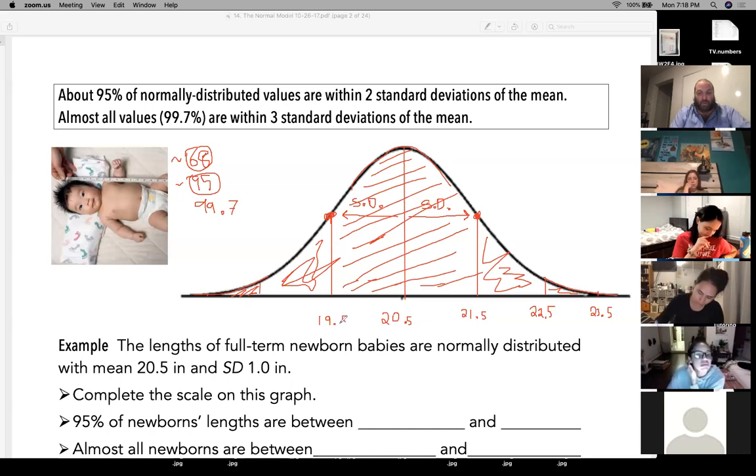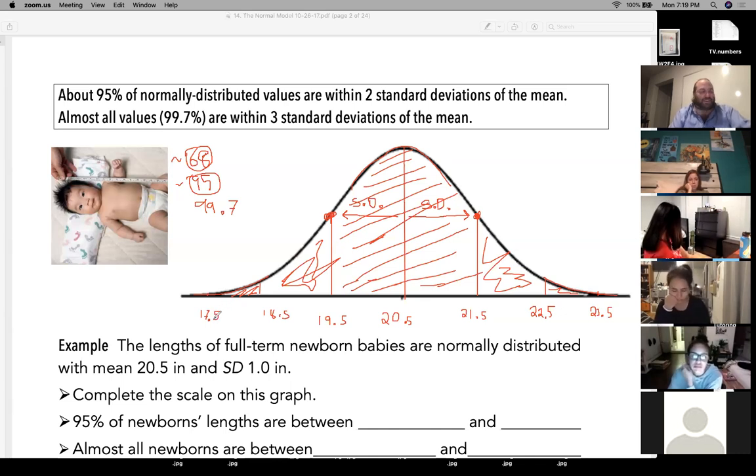And if I go 1 more to the left, what would that be? 18.5. And 1 more to the left? 17.5. So now let's answer the question. 95% of newborn lengths are between what 2 numbers?